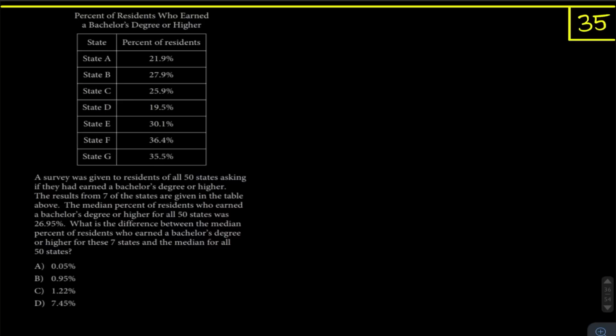The median percent of residents who earned a bachelor's degree or higher for all 50 states was 26.95%. Already I'm seeing the words median, I'm seeing 50 states, I'm seeing 26.95%. So just making a note of all that information. We know 50 states is going to have a median of 26.95%. That could probably play a role later in the problem.